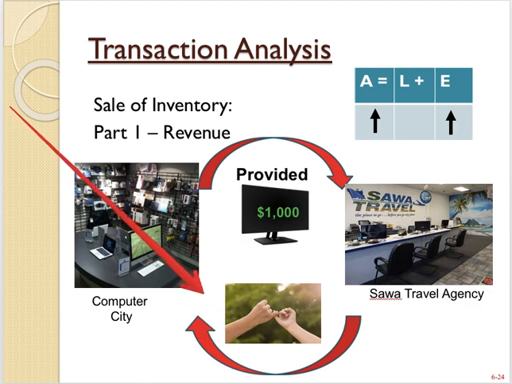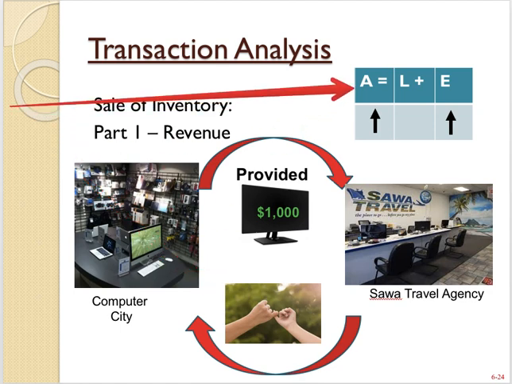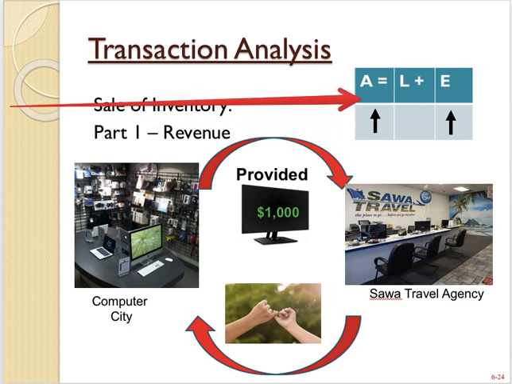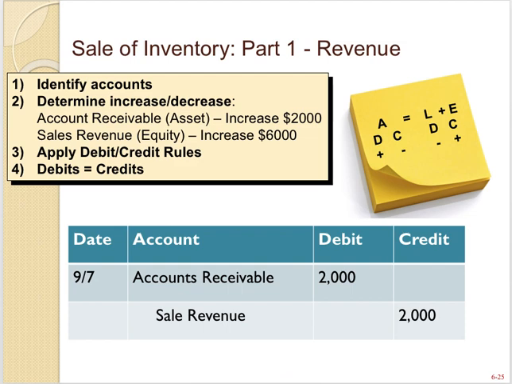And that promise, meaning we're going to be receiving cash in the future, is a future benefit, and a future benefit, of course, is an asset. So our asset is going up. So now we put together the journal entry, and we're going to go through all of our steps. First step is identify the accounts, which, as we discussed, are going to be accounts receivable and revenue, but specifically the account name that we're going to be using in this chapter is sales revenue.